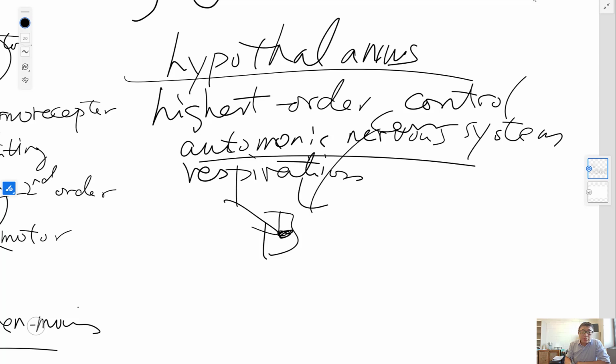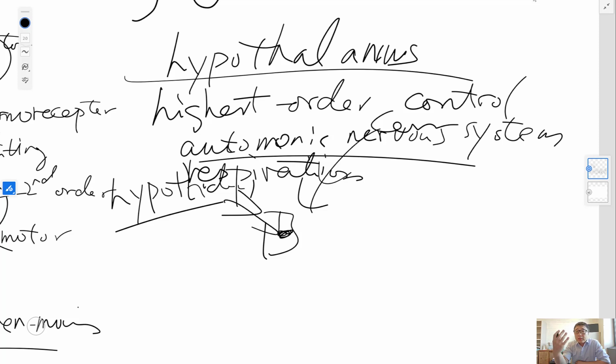One is from the cerebrum, the other is from the hypothalamus. And the hypothalamus can have the same action as the cerebral control center. For now, I can control my breathing to speak, all thanks to my cerebral, somatic control of my motors. But think about it.